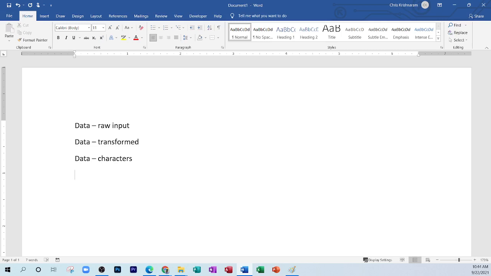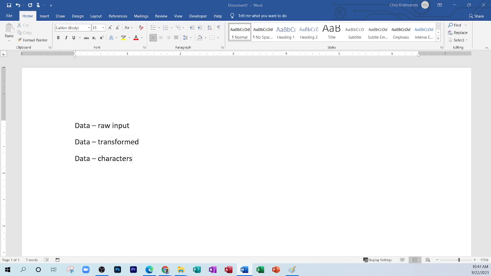Good. I'm not seeing exactly what I'm looking for, but we can still pull from what we have here. So far from the definitions that we have for data, it is raw input, data has to be transformed, data is just characters.